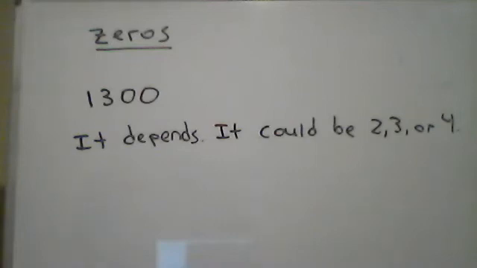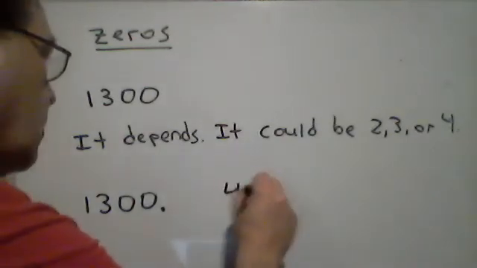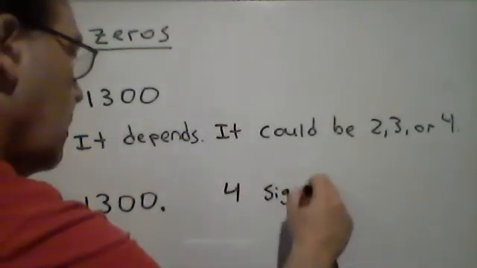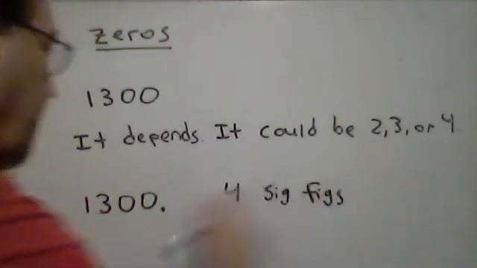If you want to guarantee that the number truly has 4 significant figures, what you do is write it like this: 1,300 and put a decimal right there. If I do it that way, the answer is absolutely 4 sig figs. So I can clear this up by putting a little decimal.